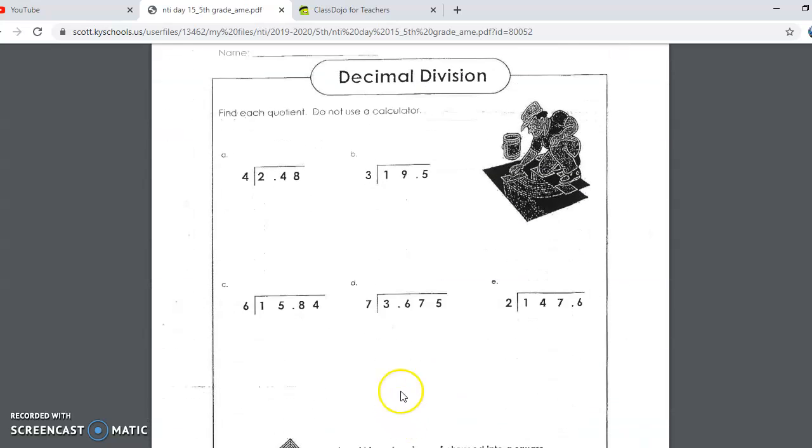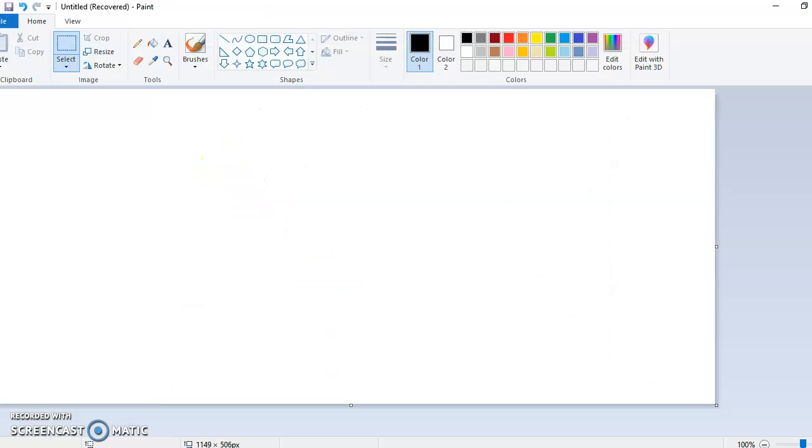So let's look at our first problem here, problem A. All right, so just because they're decimals does not mean we need to stress, okay? Just like I told you, make sure you remember to keep your numbers lined up. That's where a lot of the issue comes in, is when we don't have everything ready and easy to be seen, then our decimal point can get shifted around a little bit.